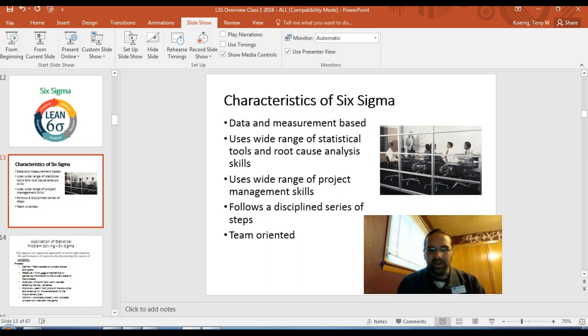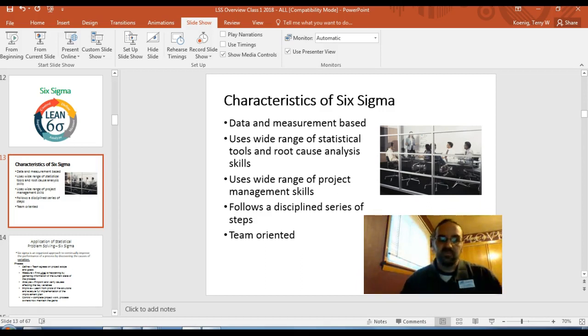So it's using more information. It follows a disciplined series of steps, and it's team oriented. So it's more than one person focusing on goals, but they're measurement based. It's not just moving things around.